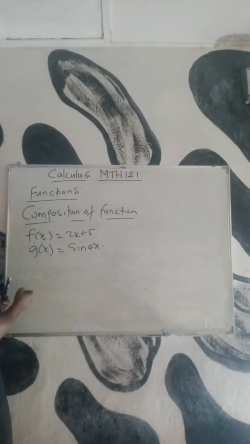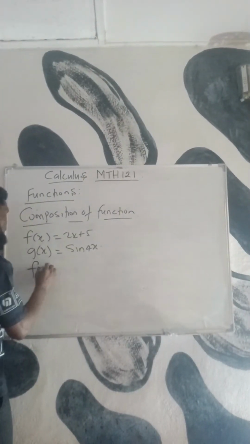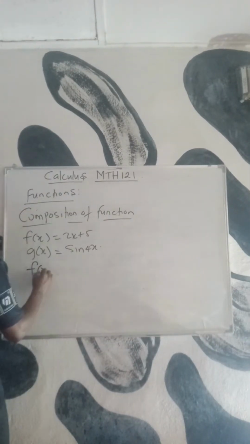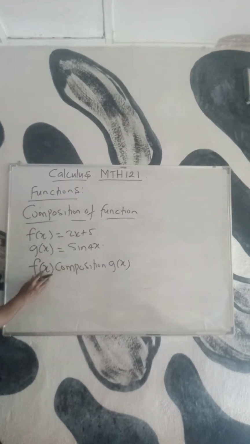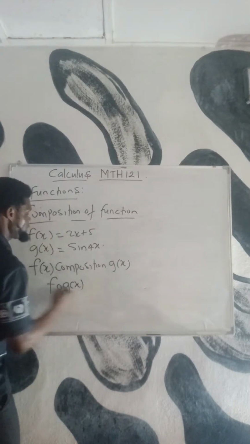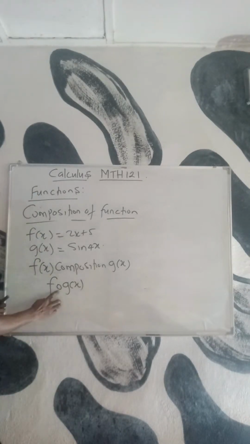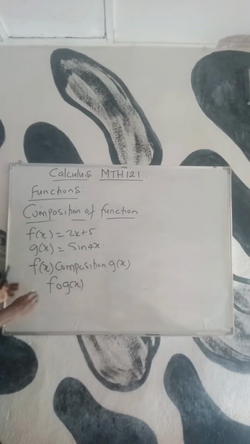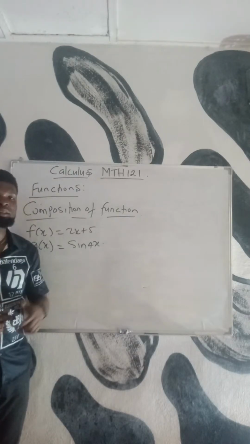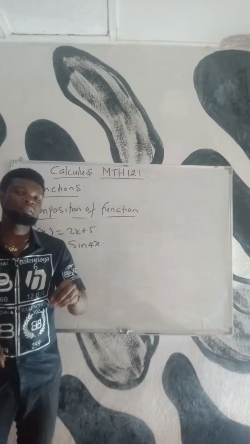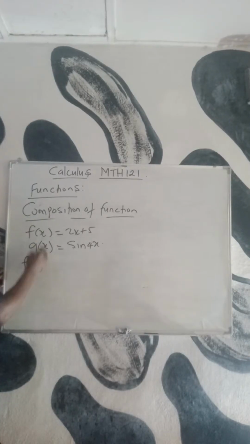Okay, so given two functions f of x and g of x, it is something like f composition g of x, which means composition of function. It just means f composition g of x.